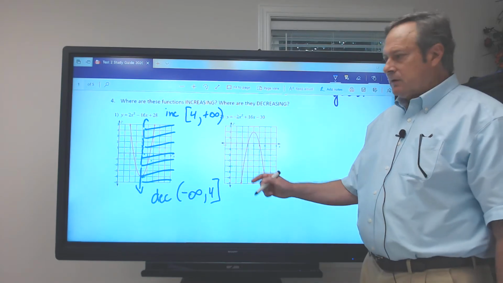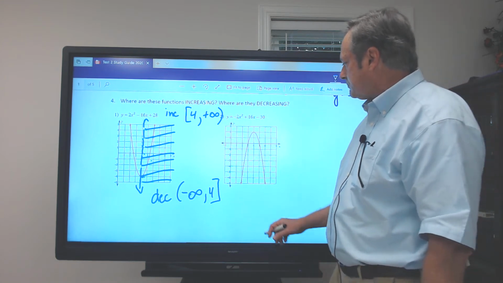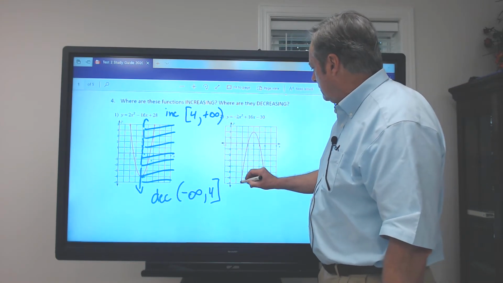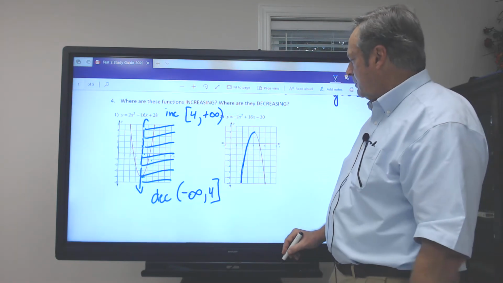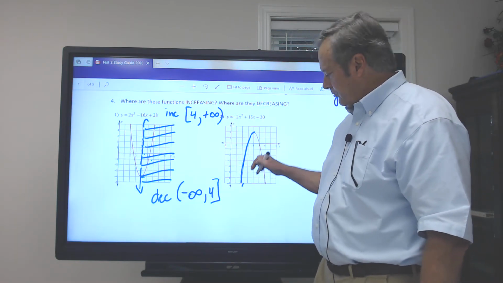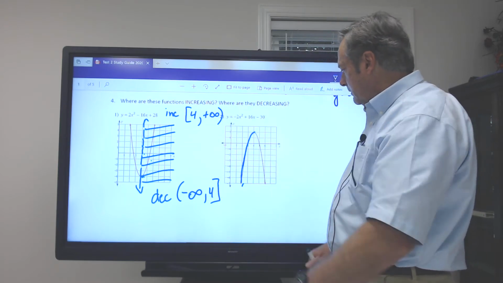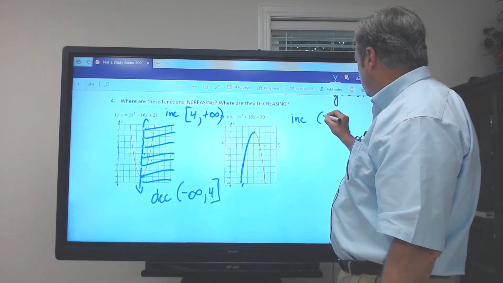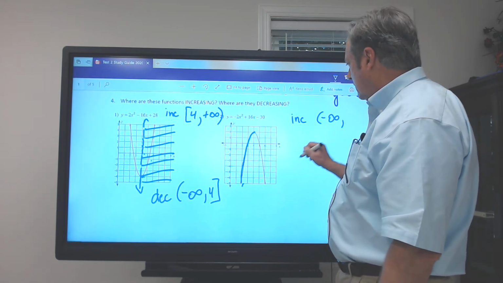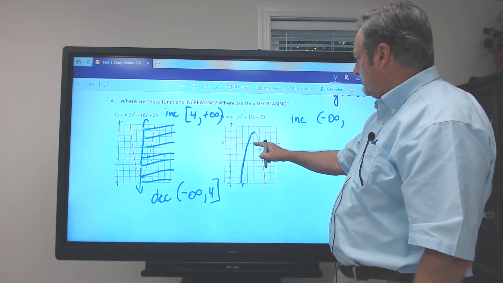All right, let's look at this one. It's a negative leading coefficient. That's why it's opening down. Would you agree that this is the part that's going up? Well, where did it start? As it went down, it's also going out. So it actually started over there in negative infinity. So it increases from negative infinity all the way until you get to positive 4.